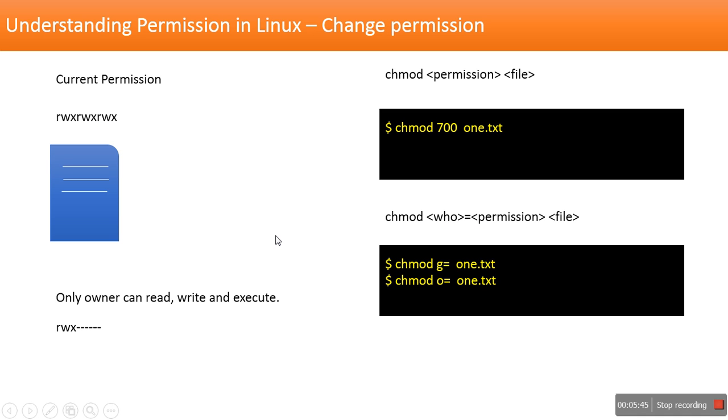So we will write chmod g equal to, and o equal to, with nothing specified after it. It means group does not have any permission, and the same for others. So this will remove these permissions from group and others.